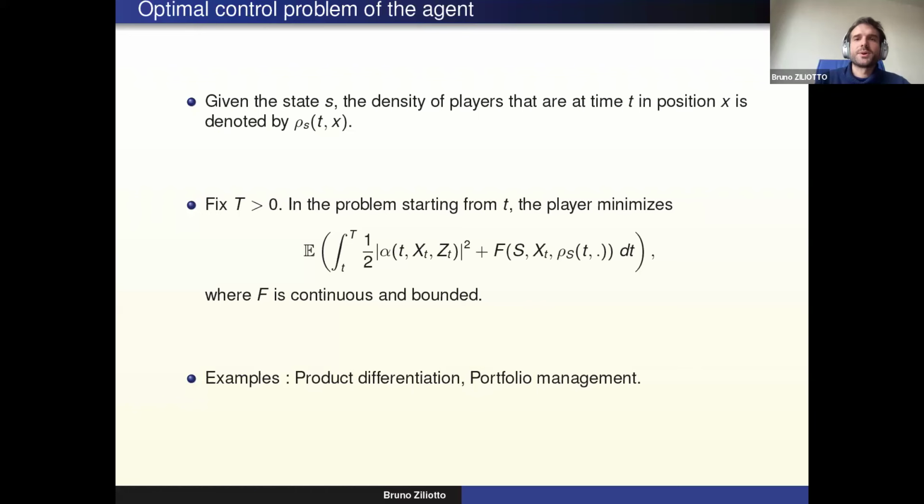Another example is portfolio management. Imagine now that players are investors, and so their position is basically the composition of their asset portfolio. And then the state that is not known can represent the quality of their portfolio. And of course, they may not know it.